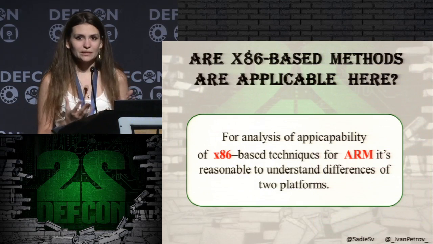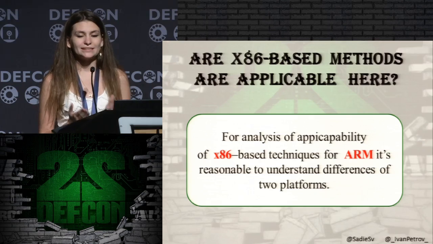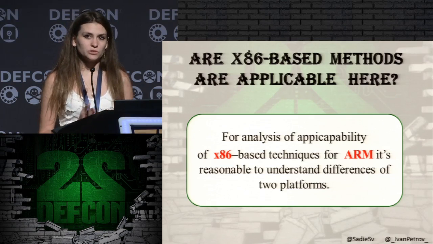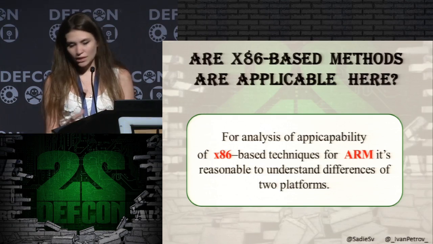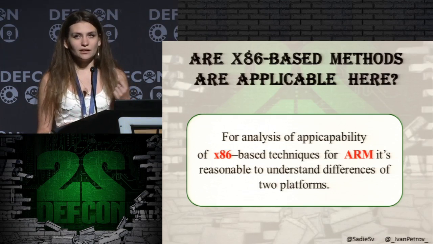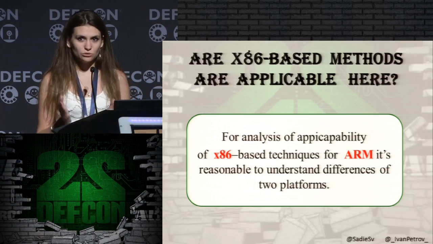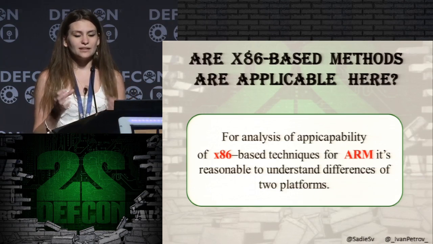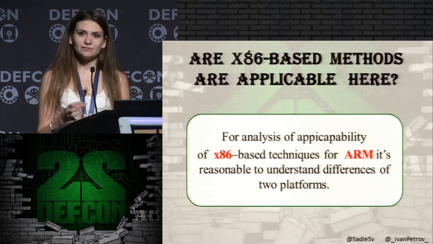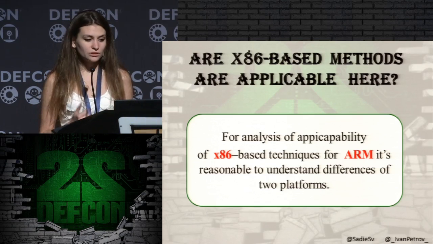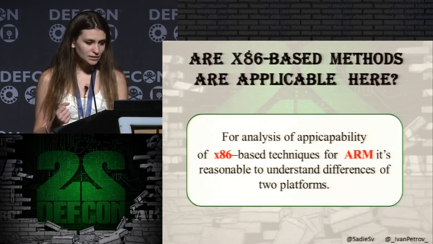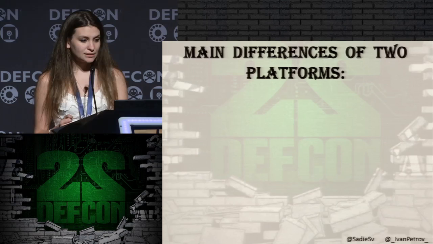First of all, as I mentioned before, we want to understand how the two platforms differ from each other. Of course, they are two absolutely different platforms, and the number of differences is huge, but we want to focus on those that can possibly impact how shellcode looks. So let's briefly discuss it.